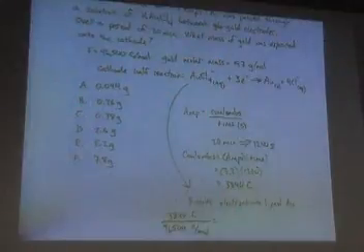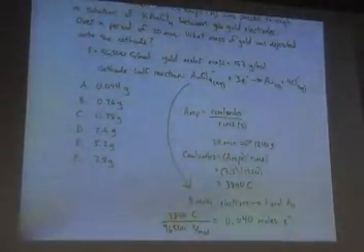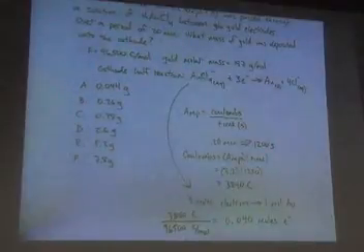So we take 3840 divided by 96,500, 0.040. That many moles of electrons. So we take that number divided by 3 to give the number of moles of gold.